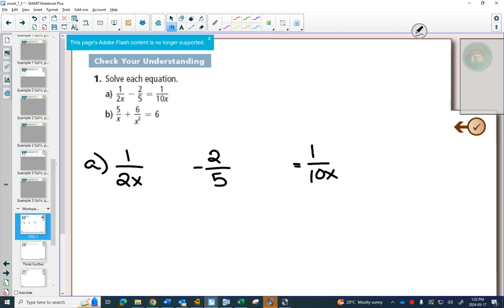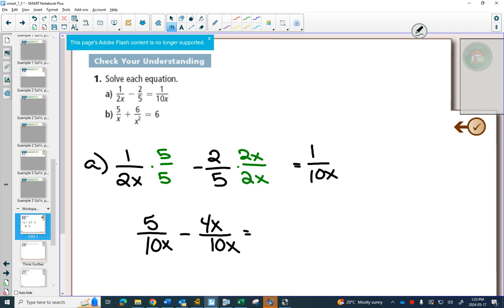So the first one's missing a 5 and a 5. The next one's missing a 2x, because you can multiply by 1. And the last one already has a 10x. I don't even have to multiply anything by that. So what do I get? I get 5 over 10x minus 4x over 10x equals 1 over 10x.